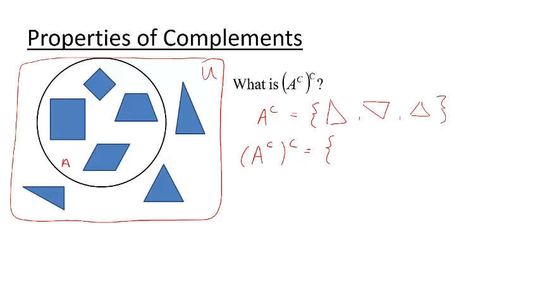So all of the elements in U that aren't the 3 triangles are going to be these 4 quadrilaterals. In other words, we see that if we take the absolute complement of A twice, we get back the original set A.